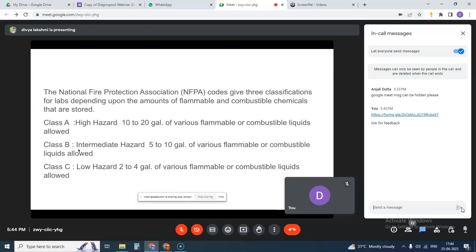Class B labs are the ones with intermediate hazards, where 5 to 10 gallons of various flammable or combustible liquids can be used. Class C are low hazard, where a minimum of 2 to 4 gallons of various flammable or combustible liquids can be allowed.